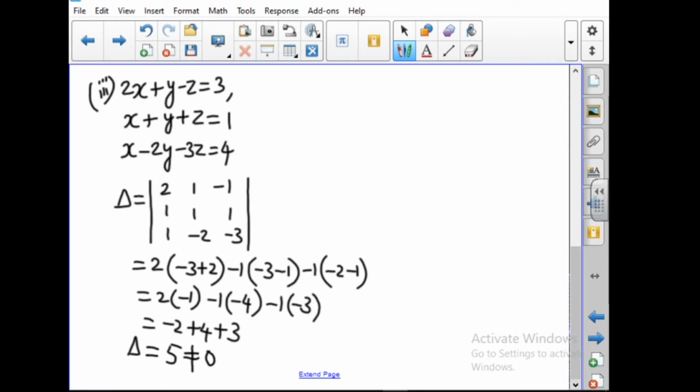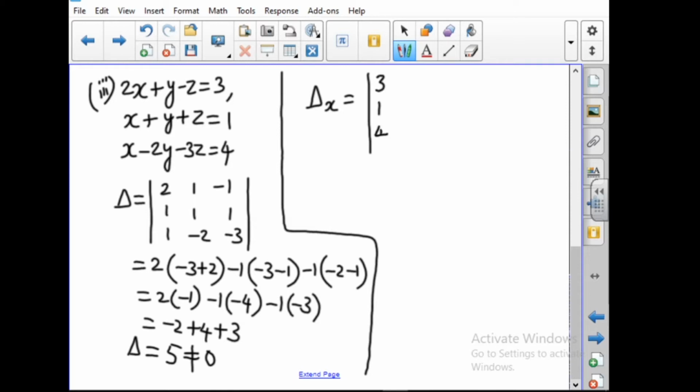Okay. Now we need to find delta x. Delta x is the determinant where the x coefficients are replaced by the constants 3, 1, 4. The second column is as it is: 1, 1, minus 2. Third column: minus 1, 1, minus 3. Okay.